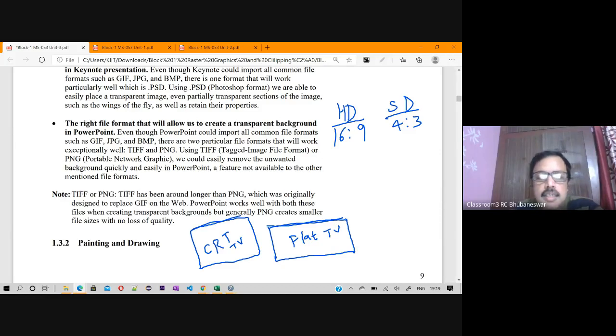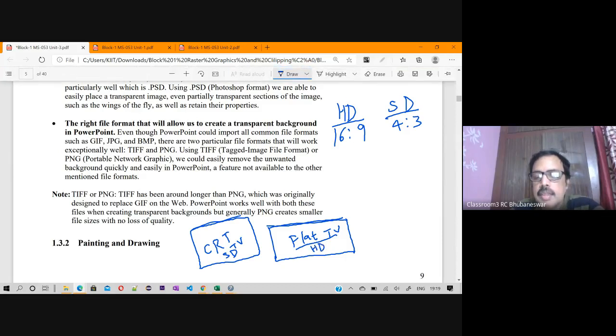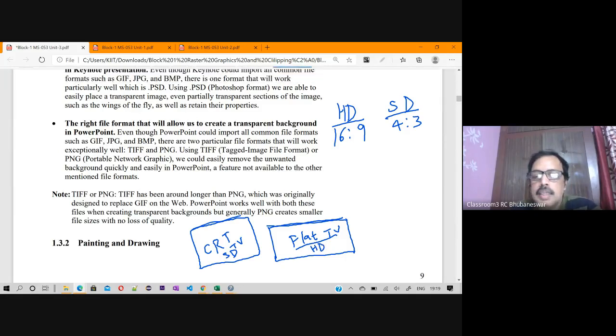The CRT TVs were called SD, standard definition, whereas all the flat TVs we get today are called high definition. The ratio is 16 to 9. That means there are more pixels on the x-axis than on the y-axis. In standard definition, the number of pixels on the x-axis and y-axis is almost equal.